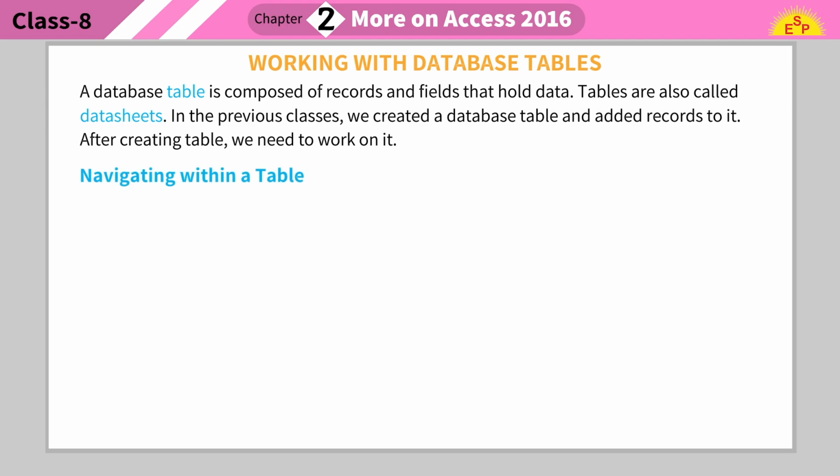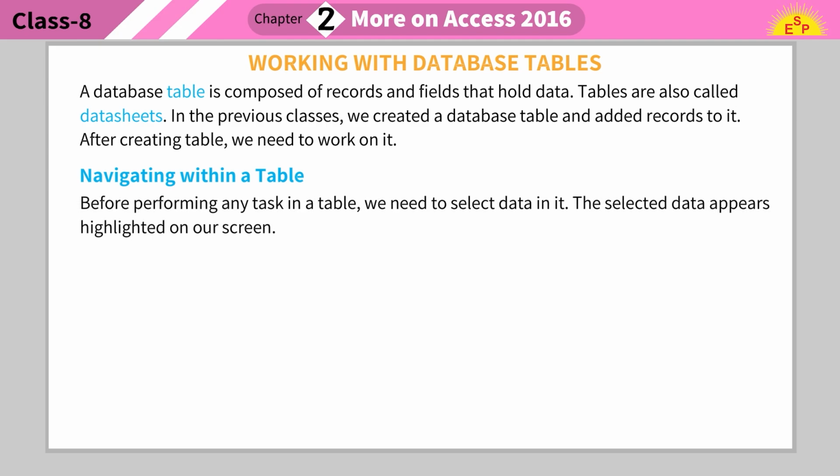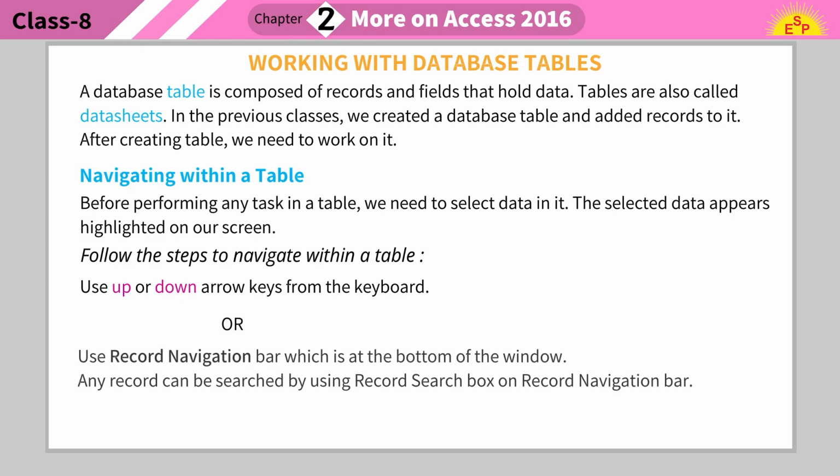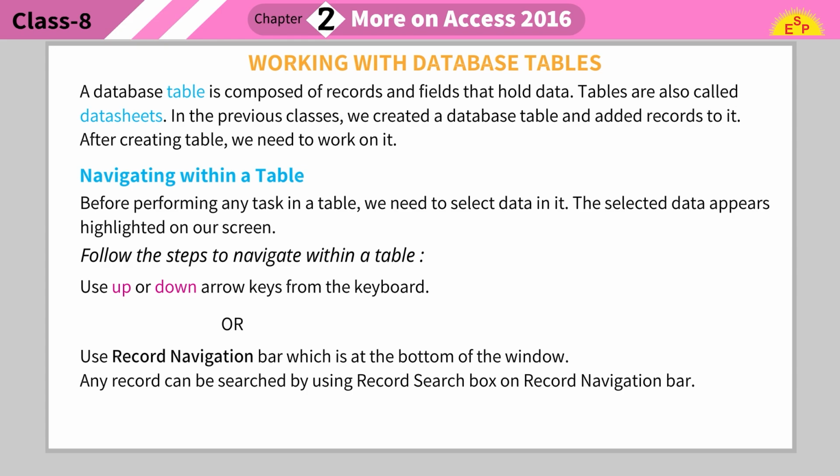Navigating within a table. Before performing any task in a table, we need to select data in it. The selected data appears highlighted on our screen. Follow the steps to navigate within a table. Use up or down arrow keys from the keyboard. Or use record navigation bar which is at the bottom of the window.